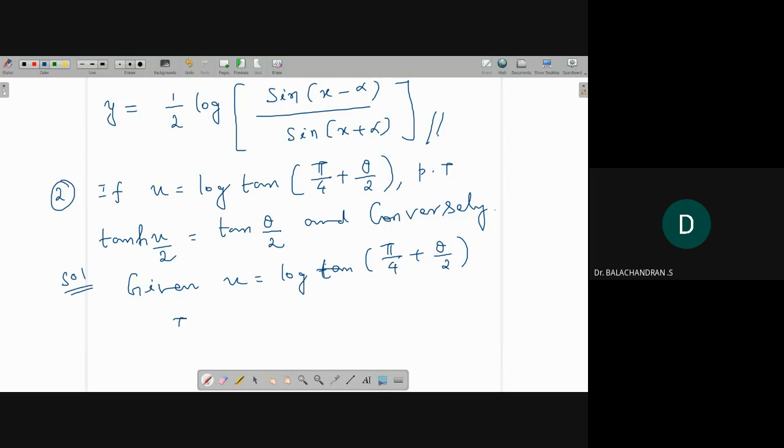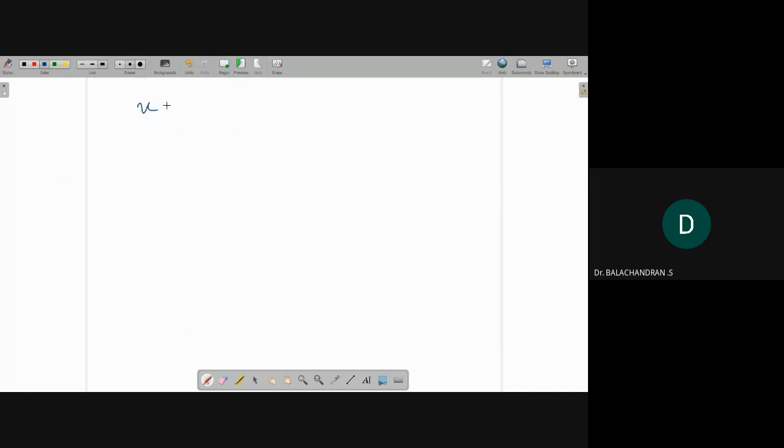So to prove tan h of u by 2 equal to tan theta by 2. Okay. So now, I will write in the next page the same equation. u equal to log tan of pi by 4 plus theta by 2 is given.